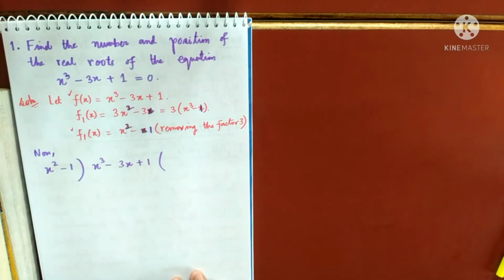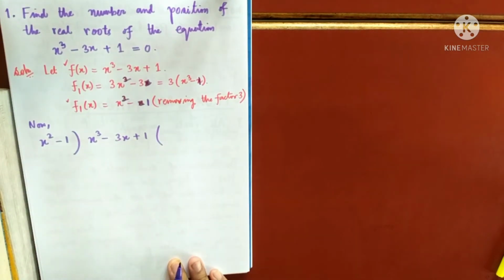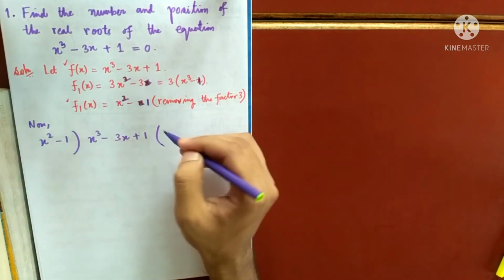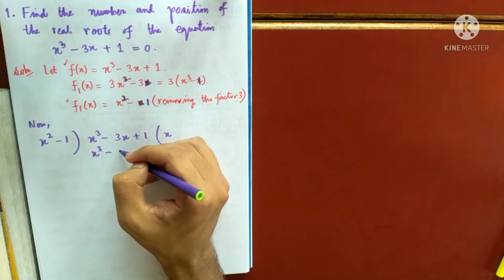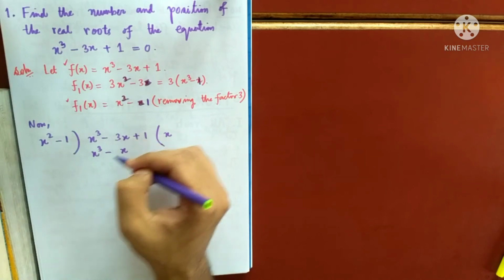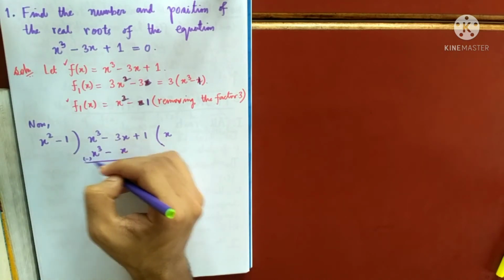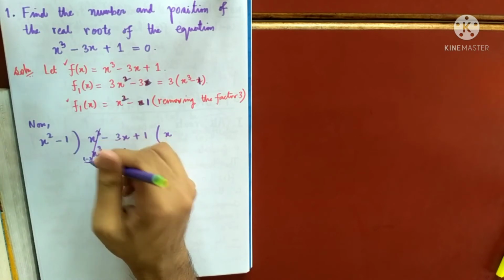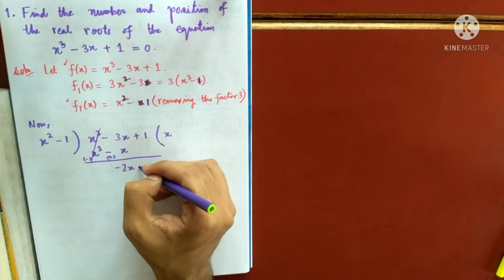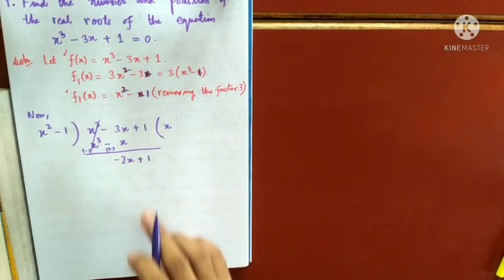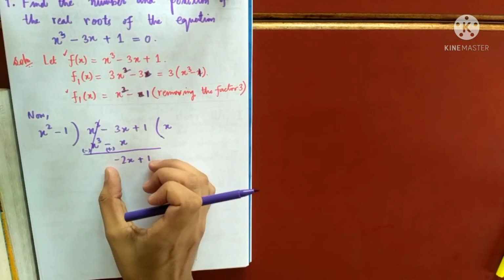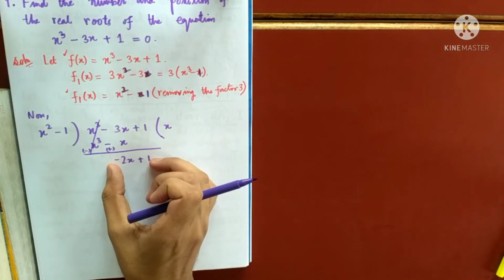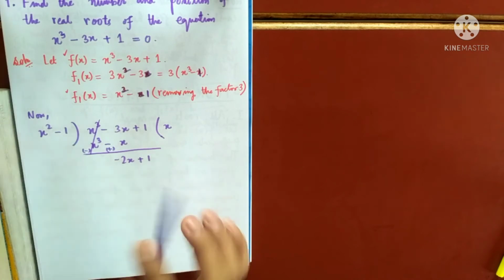So let's perform the process of finding the HCF. So it will be x times, so this will become x cube minus 1 into x is x. This is getting cancelled, minus 2x plus 1. So this is your first remainder, but you cannot take this as your next divisor because you cannot divide this further.